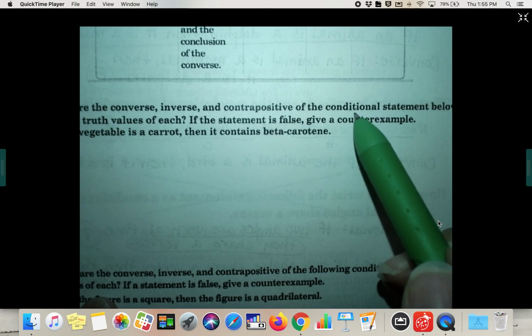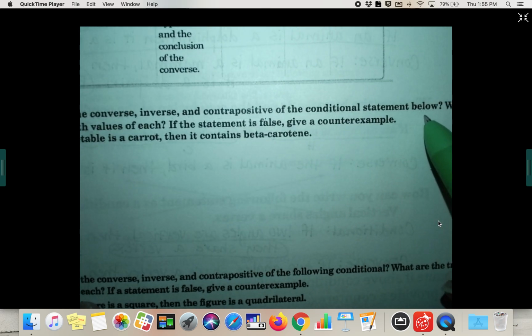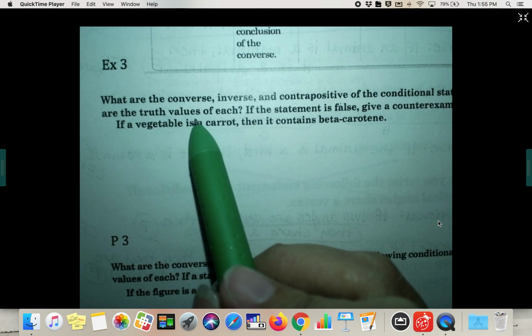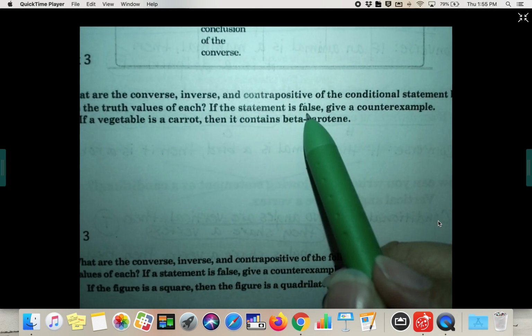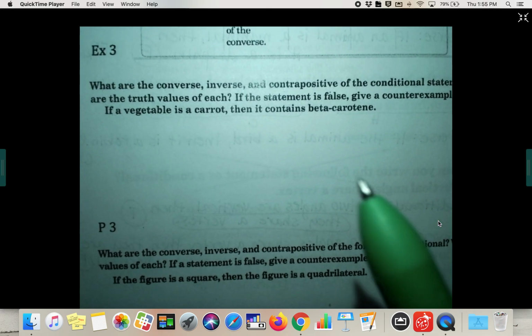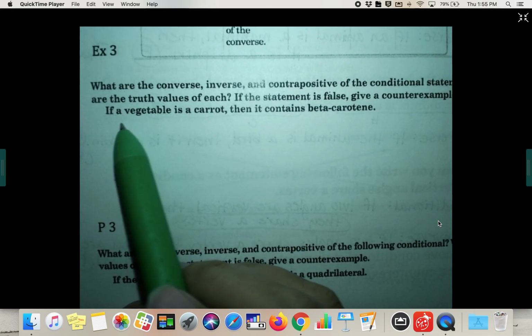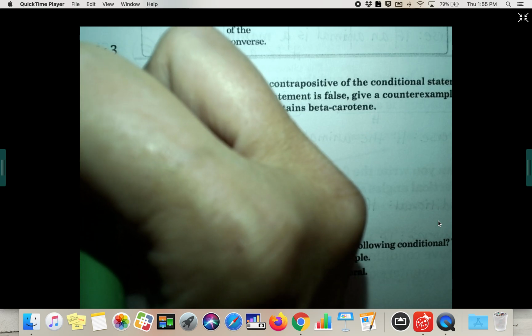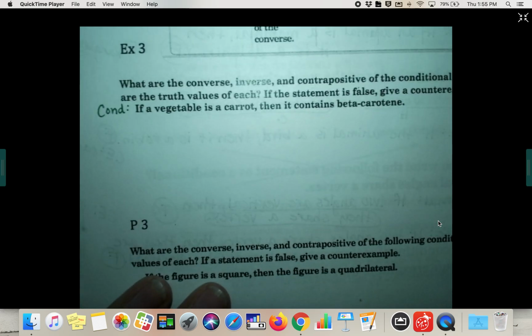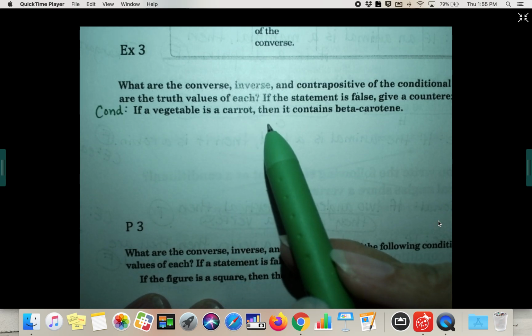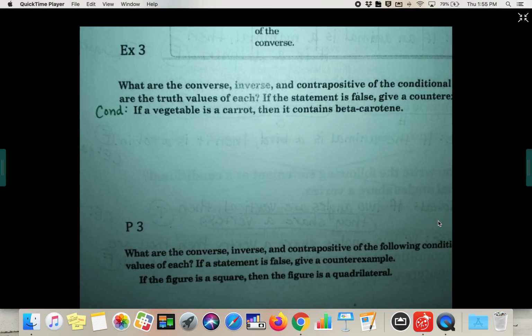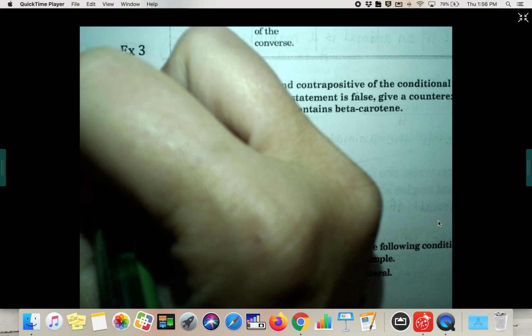We'll originally have the conditional statement below. What are the truth values of each? That just means is it true or false? And if the statement is false, we'll give a counterexample. So here is the conditional statement. If a vegetable is a carrot, then it contains beta carotene. We are going to start by writing the converse of this.